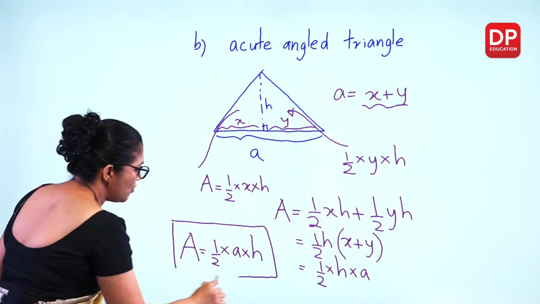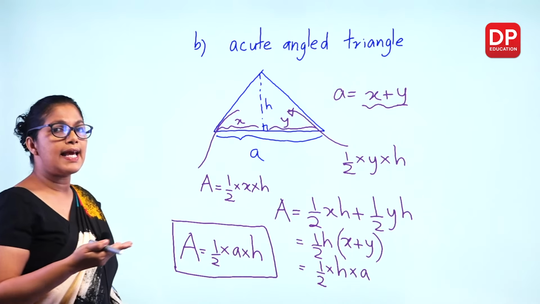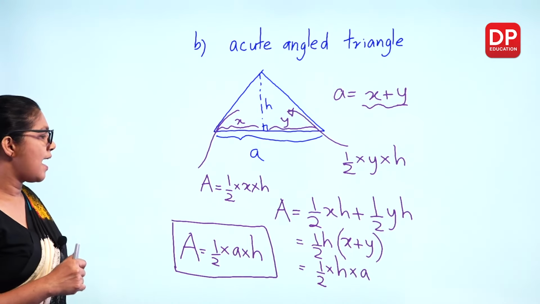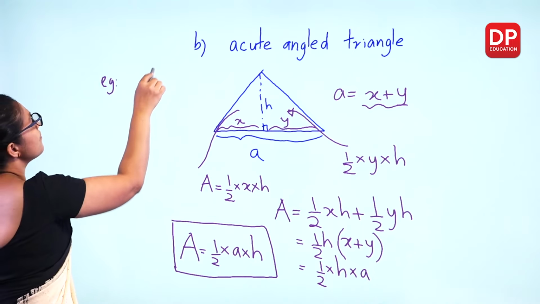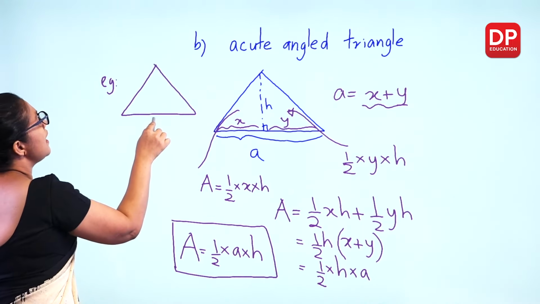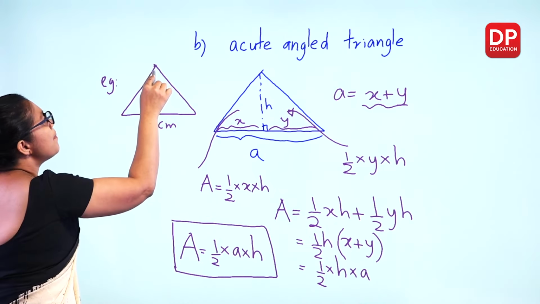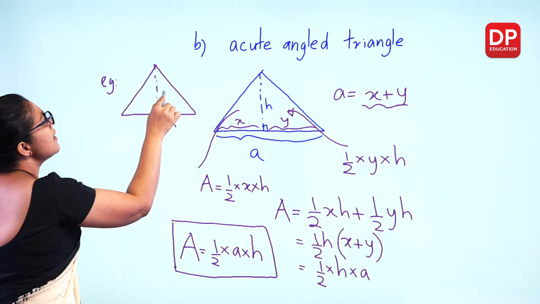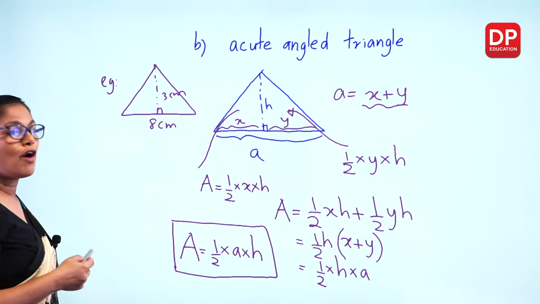So when you get any acute angle triangle, you need the base length and the perpendicular height. So I'll take an example. 8 centimeters given this side and the perpendicular height is given 3 centimeters. So how can you apply the formula?